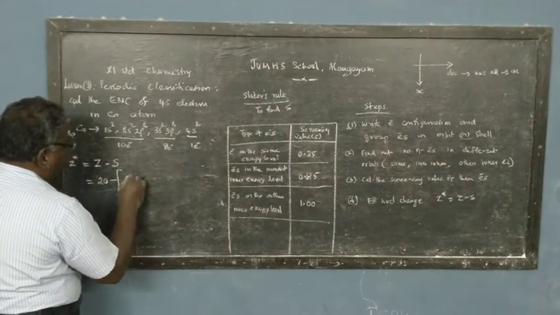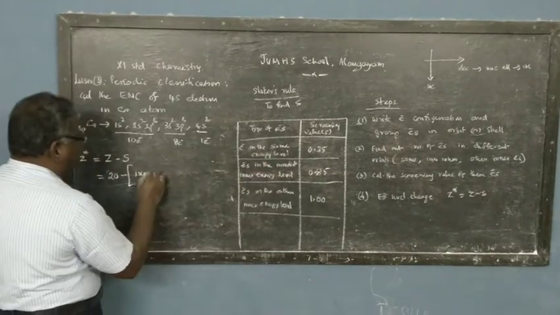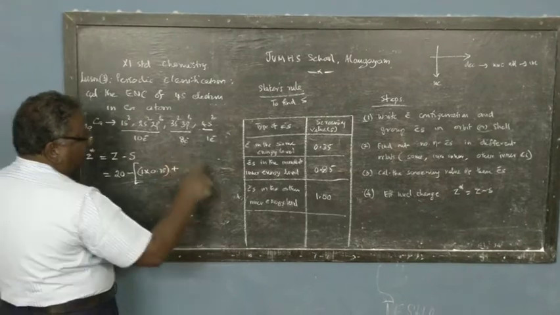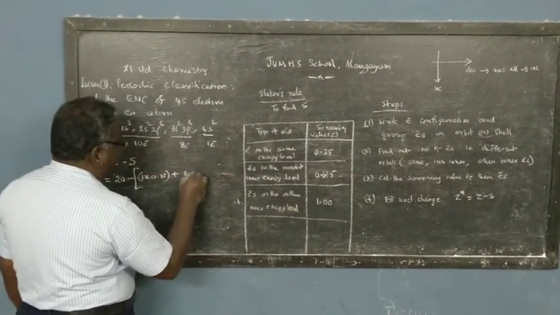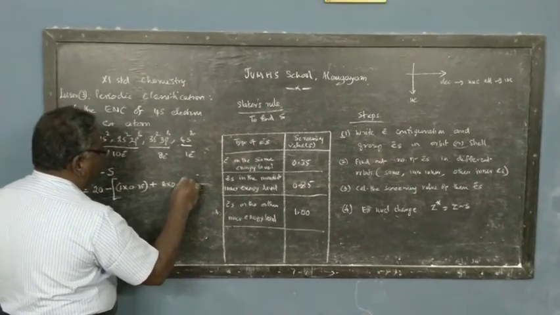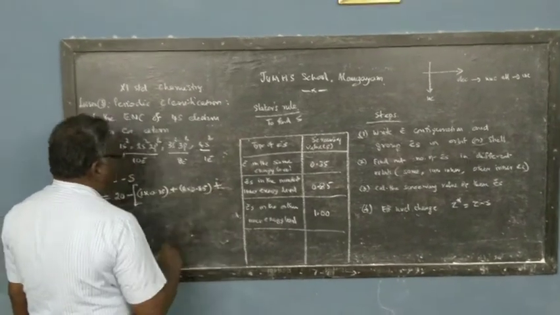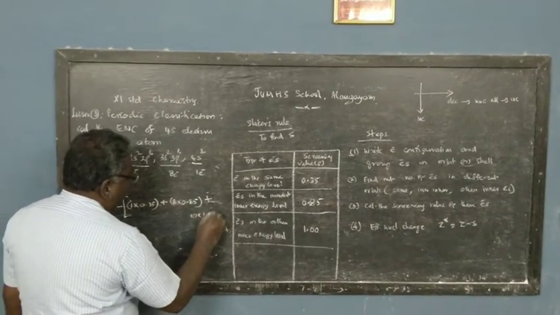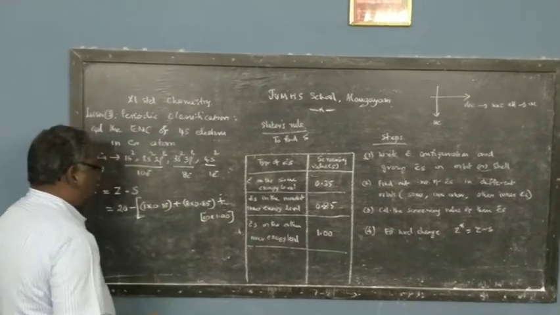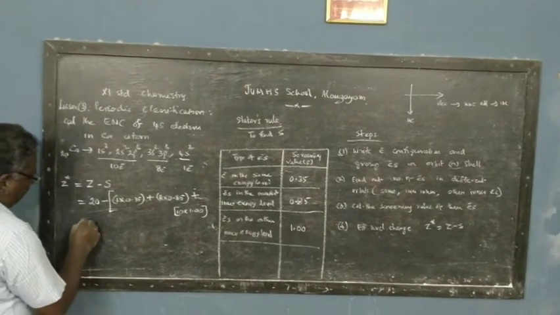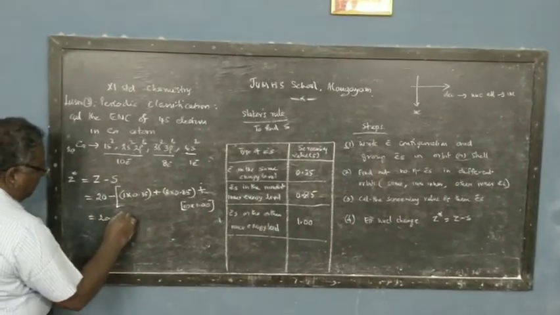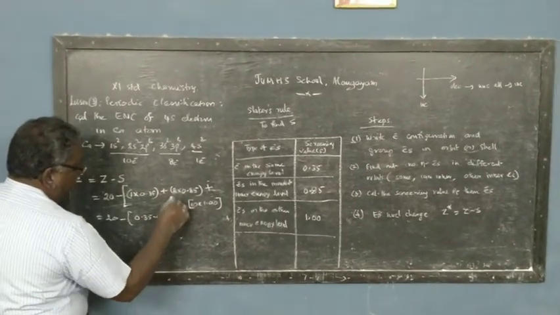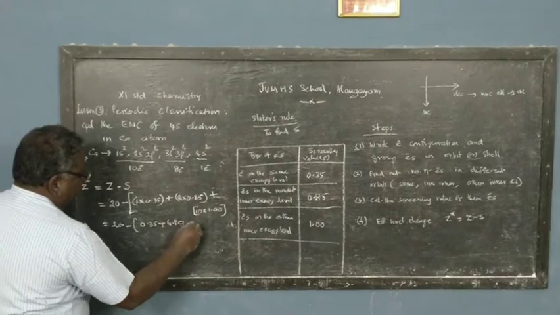One electron will be shielding how much? 0.35, plus 8 electrons will be shielding 0.85 each, plus 10 electrons will be shielding completely. Right? So after that it's only mathematics, no chemistry. So 20 minus, this is 0.35, this is 6.8, this is 10.